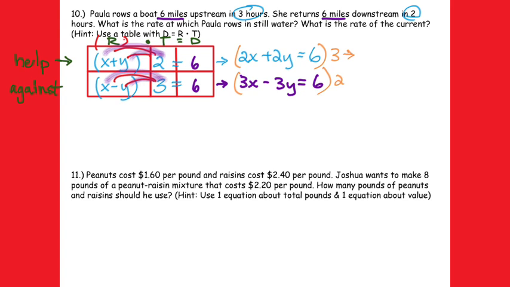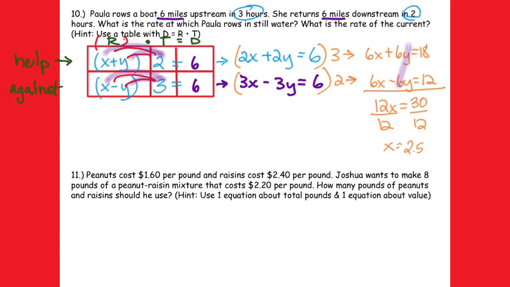And the common multiple is the same on x and y. So we're going to get it to be 6, so we multiply the top by 3, the bottom by 2. We eliminate the current first so that we can solve for the person, the bird, the plane, whatever, the boat. And we can see Paula rows at 2.5 miles per hour on her own without any current.